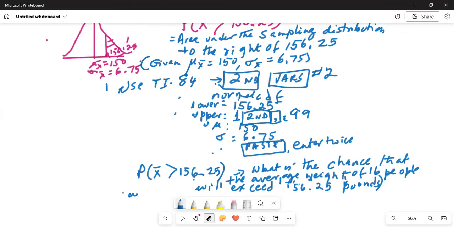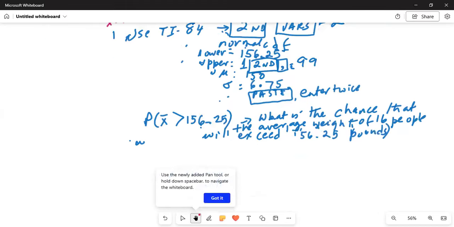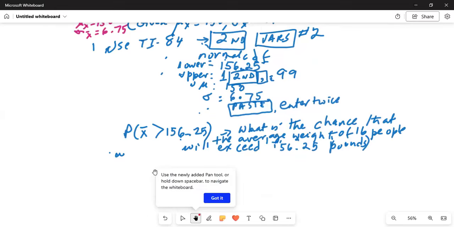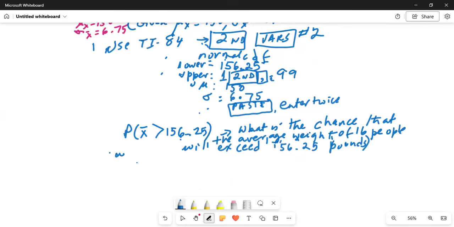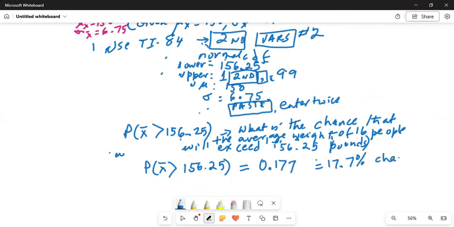And that probability is, x bar greater than 156.25 is, according to the calculator, 0.177 or 17.7% chance. That means in 100, about 18 times it will exceed the 2,500 total weight, or 156.25.